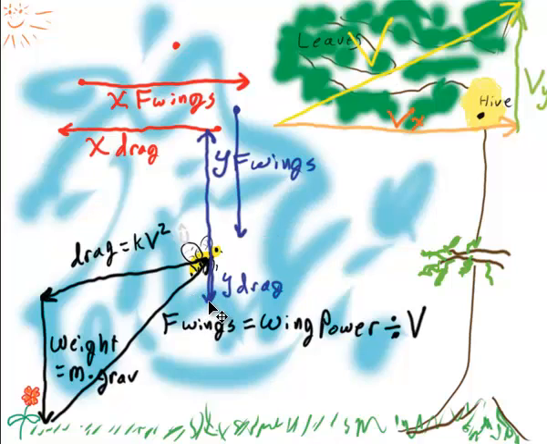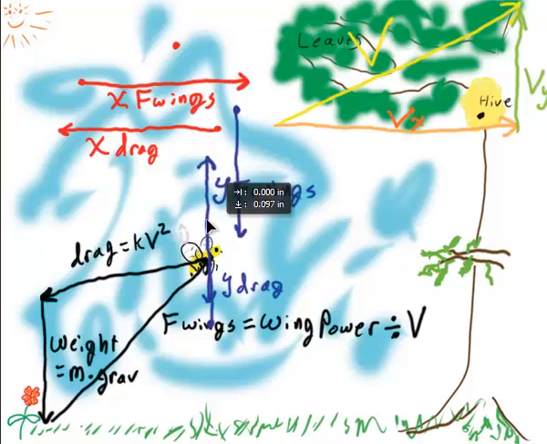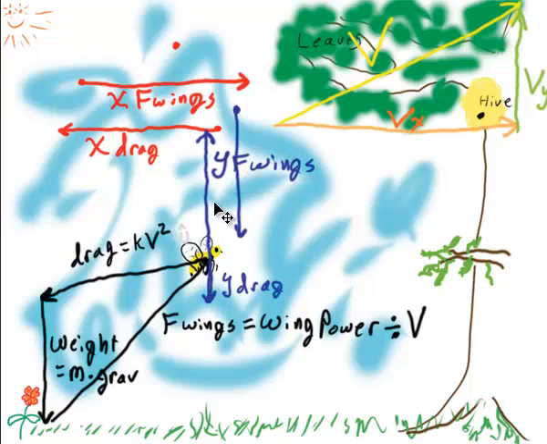So tip of the vector that you put down first to tail of the vector that you're putting down after it. And then lastly we're going to add the force of the weight. You notice that brings us right back to where we started.